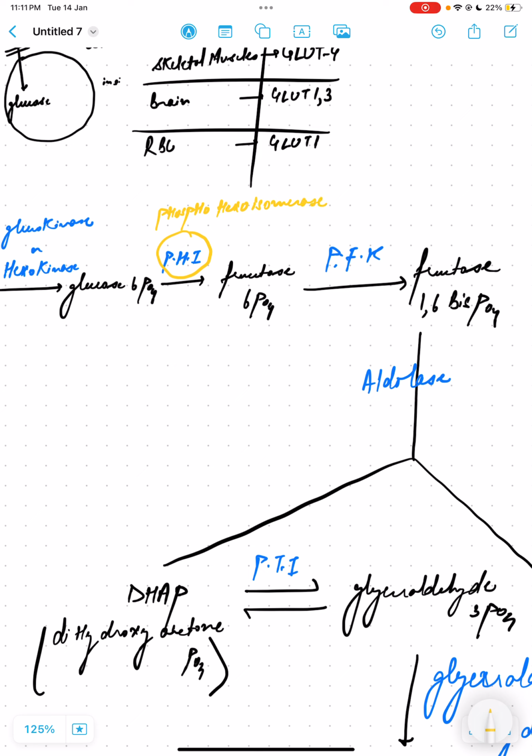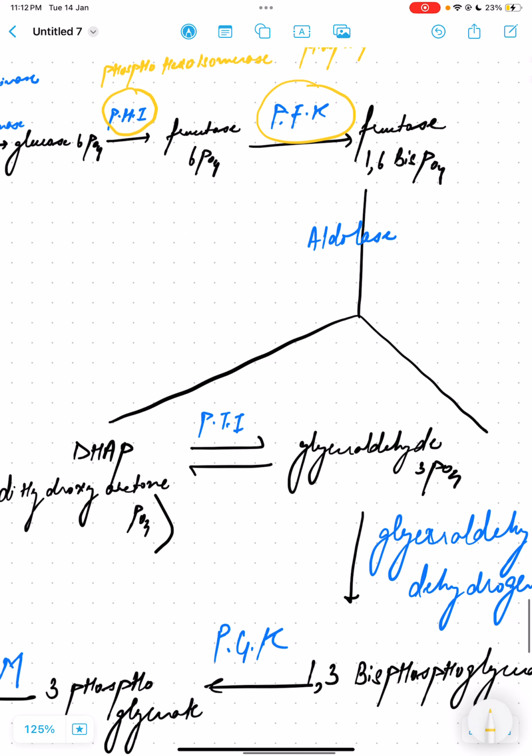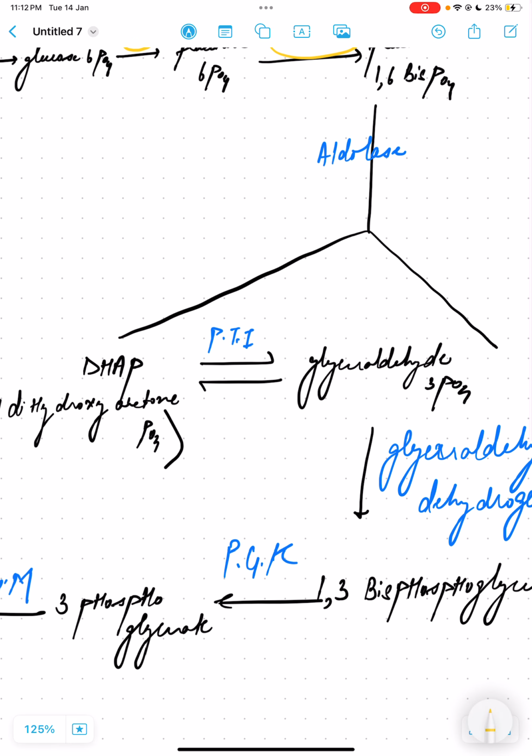Then fructose 6-phosphate will convert into fructose 1,6-bisphosphate with the help of the enzyme phosphofructokinase. Then fructose 1,6-bisphosphate will divide into two parts, DHAP, dihydroxyacetone phosphate, and glyceraldehyde 3-phosphate. Then there will be interconversion between the two with the help of the enzyme phosphotriose isomerase.